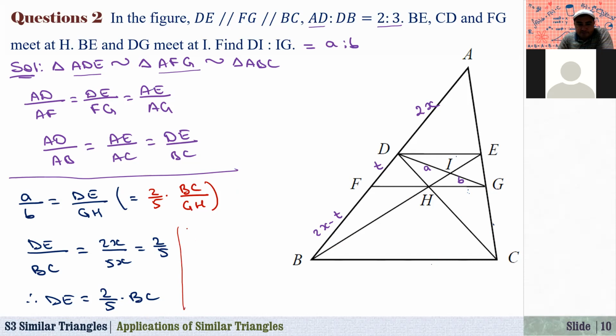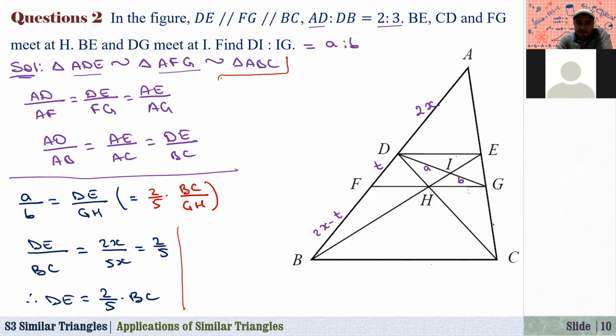Just continue from here. Since triangle EHG is similar to triangle EBC, we have GH over BC equal to EG over EC. So what is DB? That is 3x.